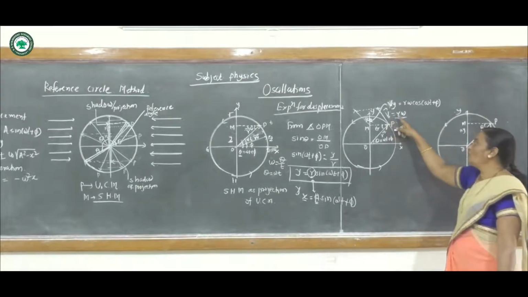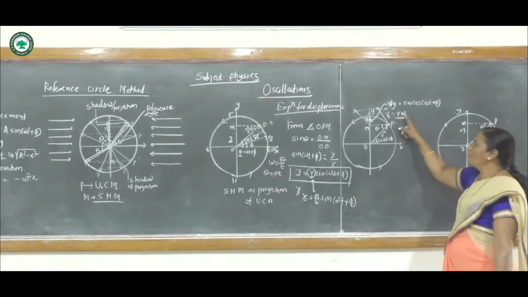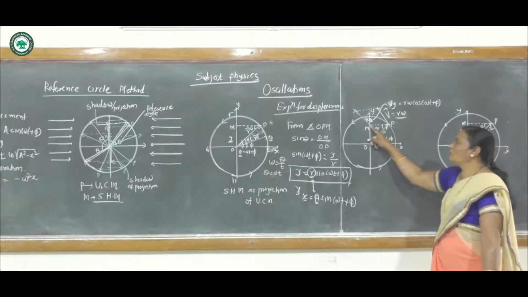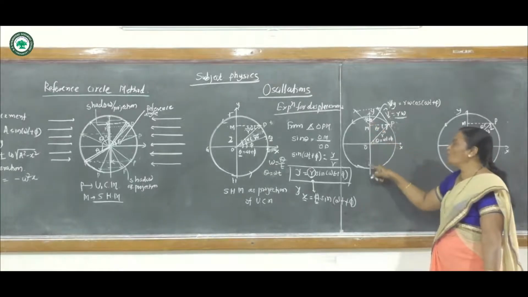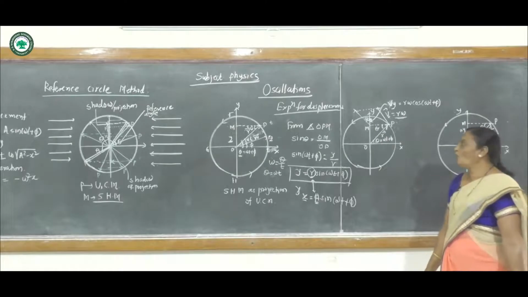Velocity is equal to r omega. Now draw the projection here. PM is the projection on the y-axis.